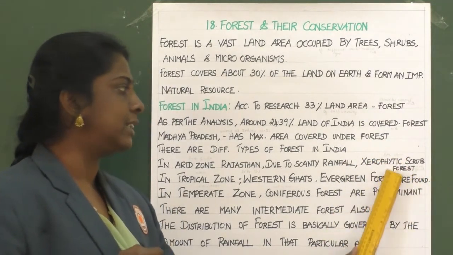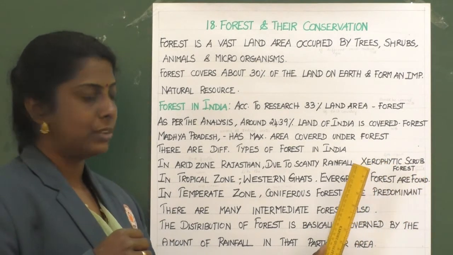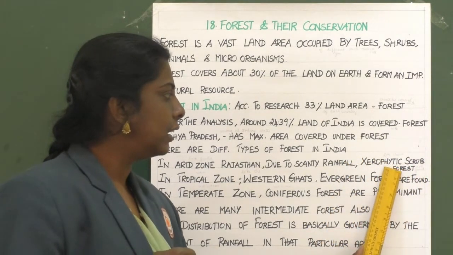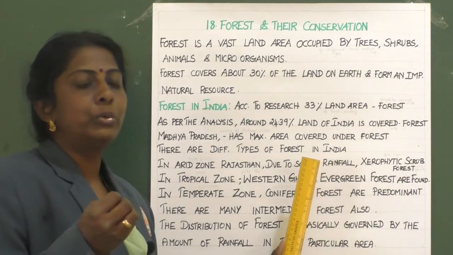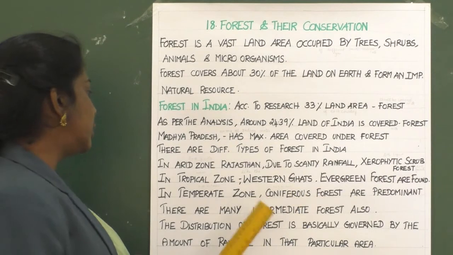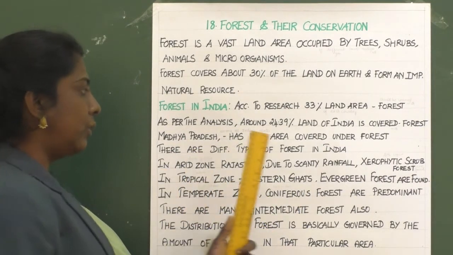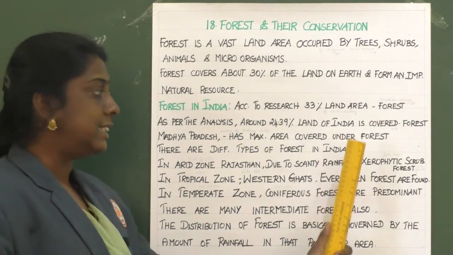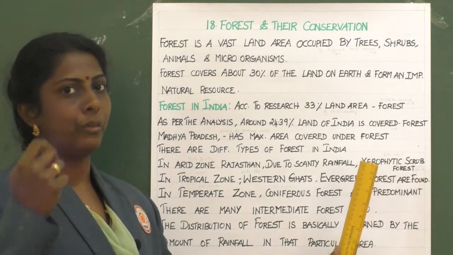What do you mean by the word xerophytic? Which has little amount of liquid or water. So in arid zone, because there is little rainfall, xerophytic scrub forests are found.